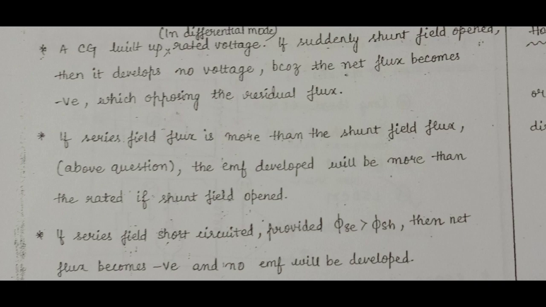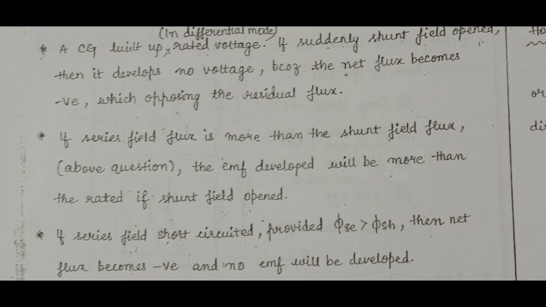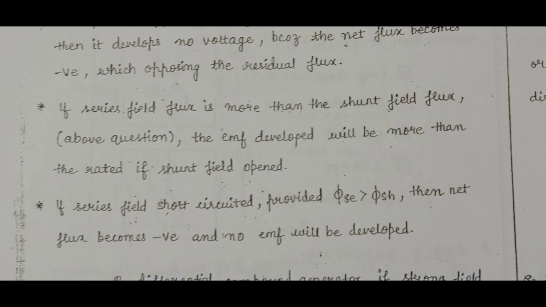If the shunt field is short circuited, then the machine will not build up any voltage and it loses the residual magnetism also.